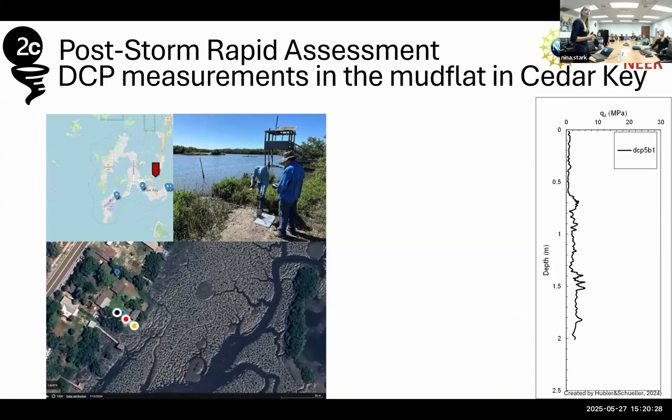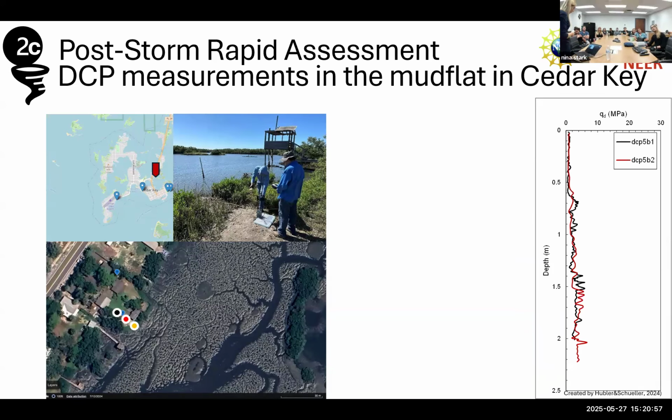But in Cedar Key, you now see 3 different locations in a cross-shore profile, with black the most landward and yellow the closest to the water. Here you see preliminary results: on the x-axis qd, and on the y-axis the depth. Here you see one example of this DCP profile.